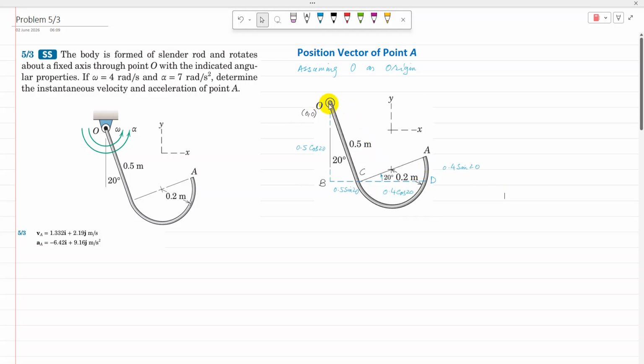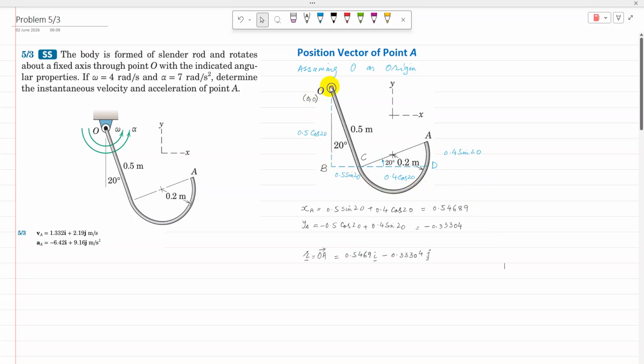So in triangle OBC, the hypotenuse is 0.5. So OB is 0.5 cos 20 and BC is 0.5 sin 20. Similarly, in triangle CAD, the hypotenuse is 0.4, which is the diameter. So CD is 0.4 cos 20 and AD is 0.4 sin 20.